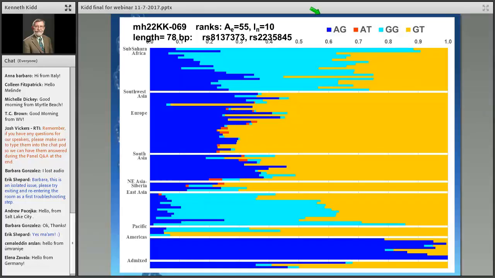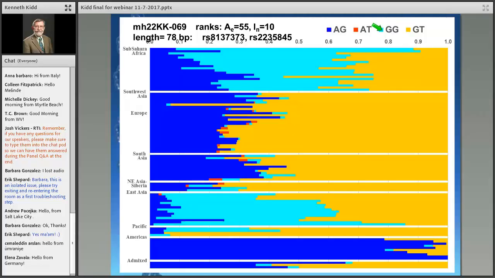Here is one that is only 78 base pairs and ranks 10th for informativeness.